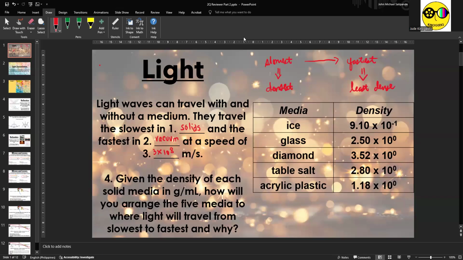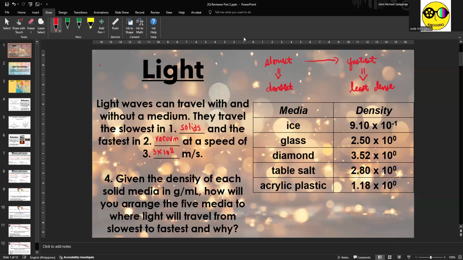Okay. So given the density, how do we know which is the densest and the least dense? All we have to do is look at the exponents. You only have two exponents here, -1 and 0. Because 0 is greater than -1, we expect that all values with 0 are heavier or denser compared to ice. But we have four options. We have glass, diamond, table salt, and acrylic plastic.